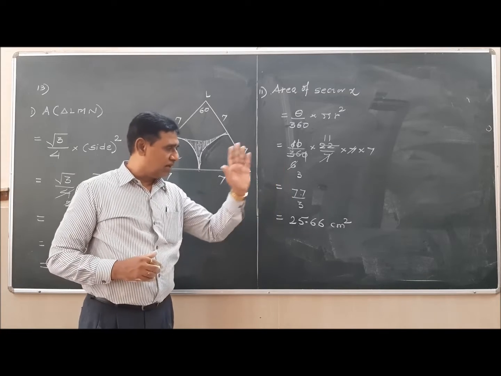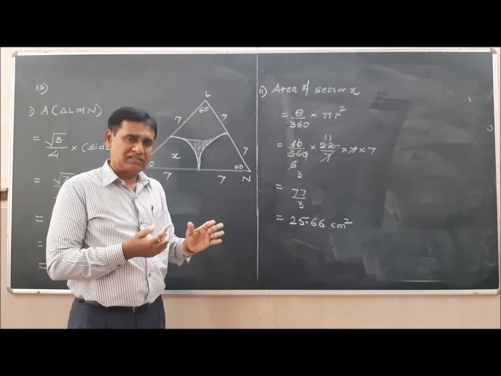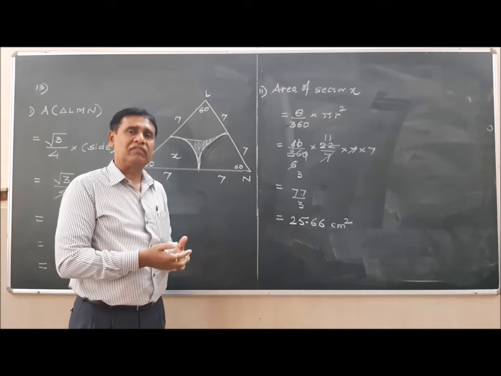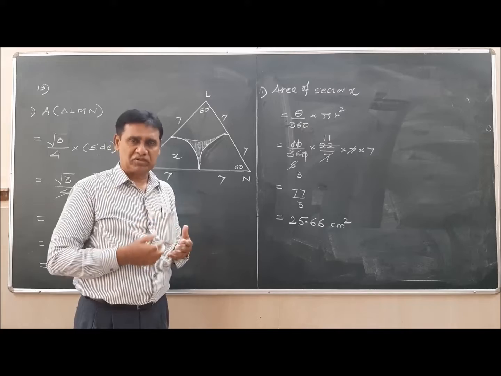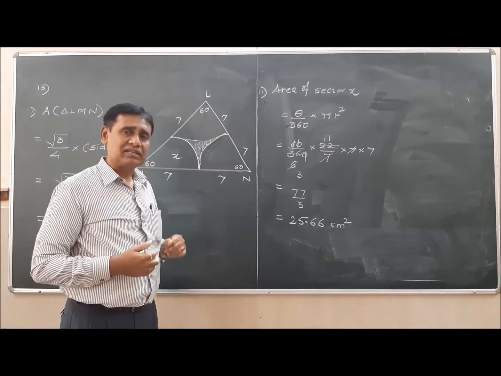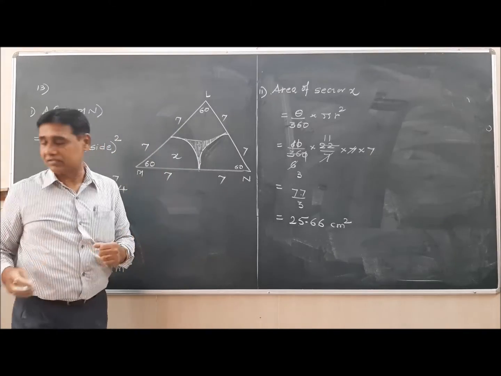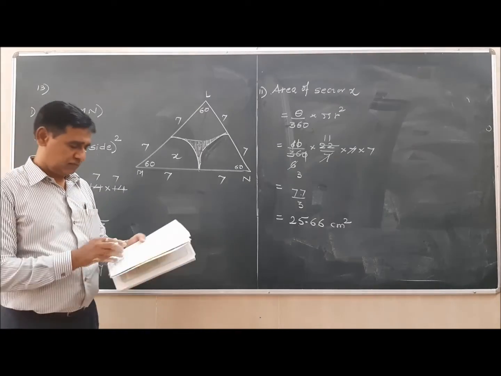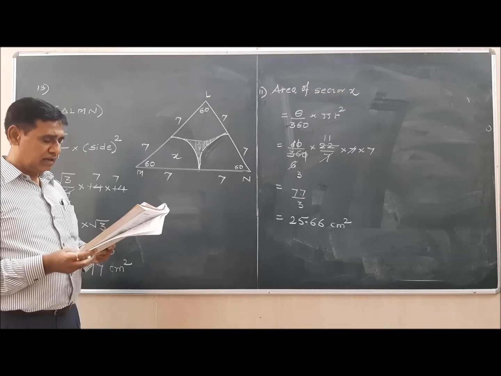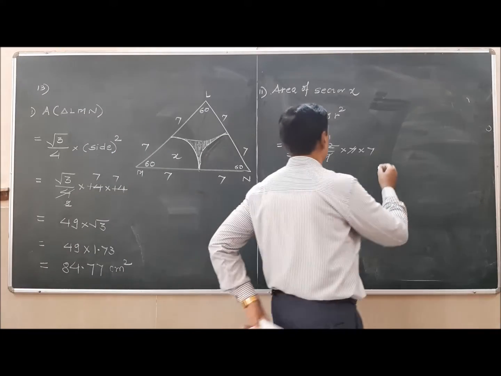If I go on dividing further, I'll get it as 25.666. I can reduce it as 25.67, or even I can write it straight away 25.7. So there are so many possibilities, but in this case I am going to keep it as 25.66. The third sub question of question number 13 is, find out the total area of all these three sectors.